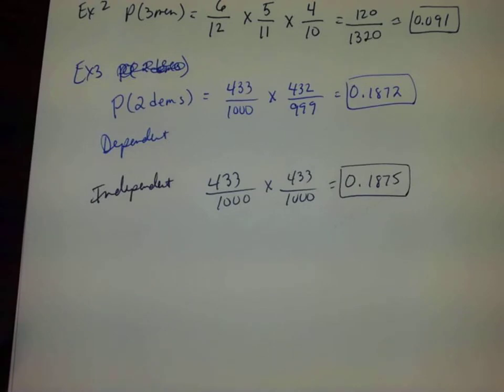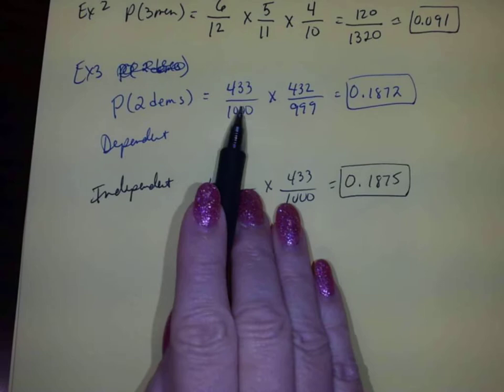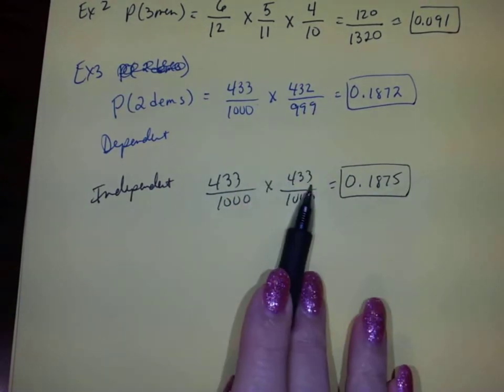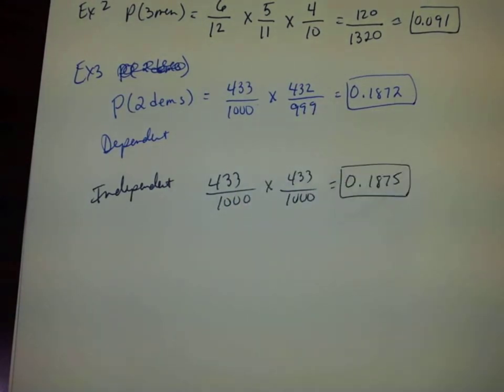The result is nearly identical to the one that we found here when correctly doing the calculation. In general, if relatively few items or people are selected from a large pool, like what is happening here, then the dependent events can be treated as independent with very little error. Now, you need to do it the right way, but do pay attention. You might get close to the number and think, oh, I'm good. Maybe she had a typo or something, or I'm just really close.